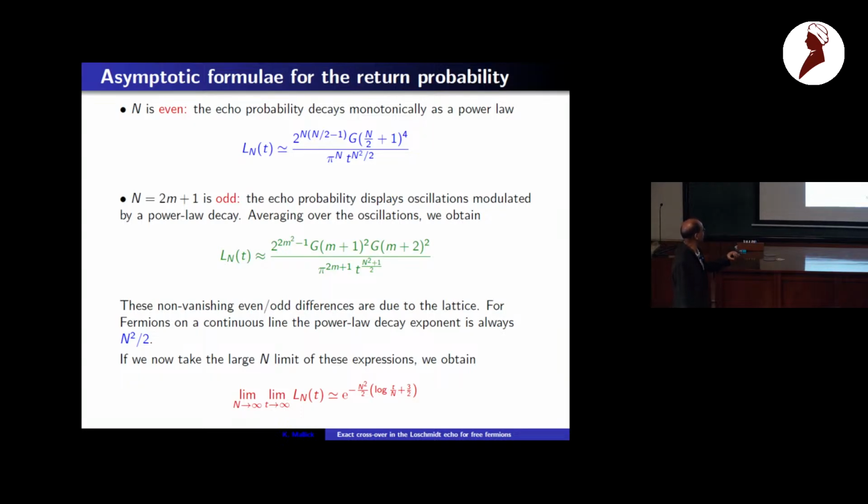So this is t to the power minus n squared, and this is Stirling, and you even have a 3 over 2. So this gives you the asymptotic of your echo in the regime where this ratio n over t, lambda, is very, very small. T very large, and n.